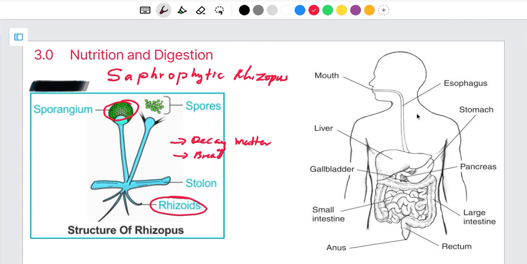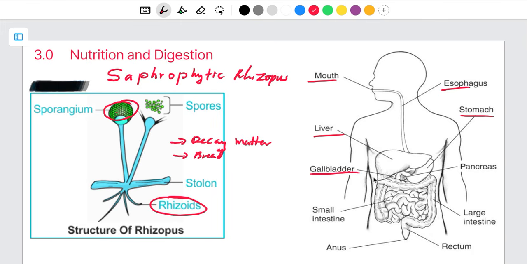Then let's come to digestion. You have to know the parts, the mouth, the esophagus, as well as the function. So this is where peristalsis occurs. The stomach, the function of the stomach, then the liver, the metabolic function of the liver, as well as the ailments of the liver, like liver cirrhosis, hepatomegaly, hepatitis, all those things.